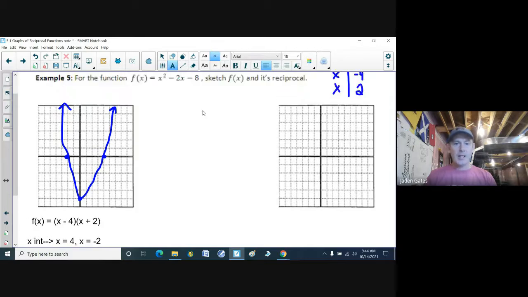So that, again, is telling me on my reciprocal that my VA is at those same things, x equals 4 and x equals -2. Now, clearly this is a quadratic, so my horizontal asymptote, once again, is at y equals 0.